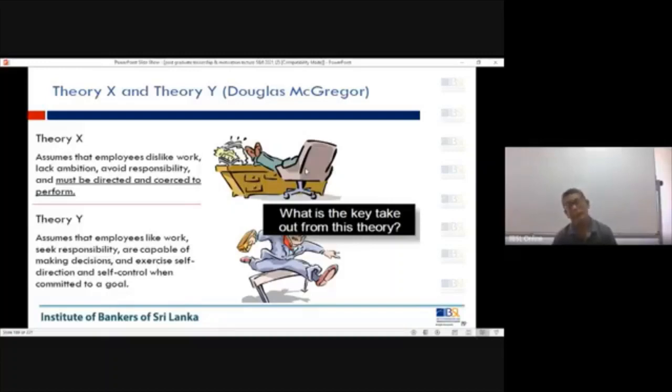So what is the takeaway from this theory? You need to promote different types of motivation or leadership practices to motivate them, the stick and carrot approach. Theory X people need a stick approach to motivate, and Theory Y people need a carrot approach, right?